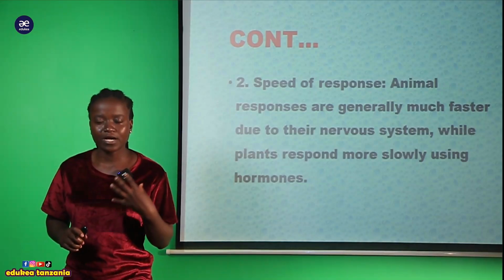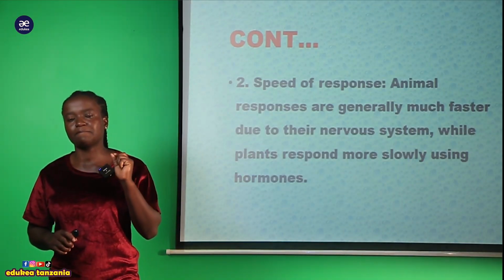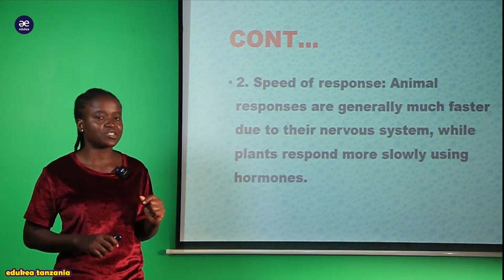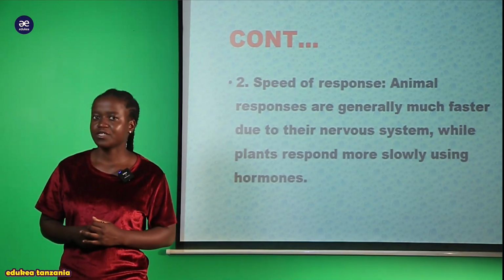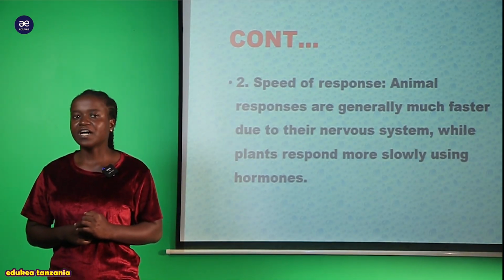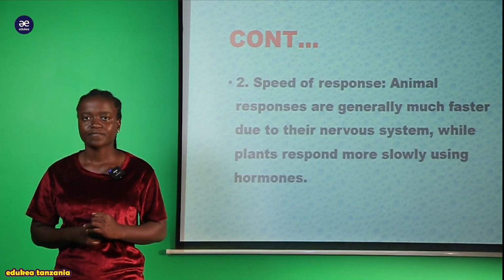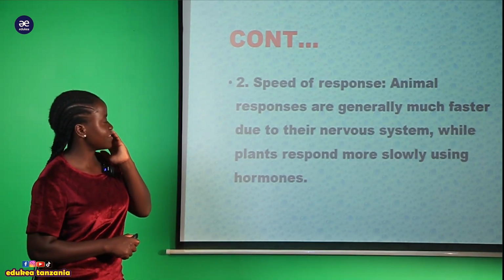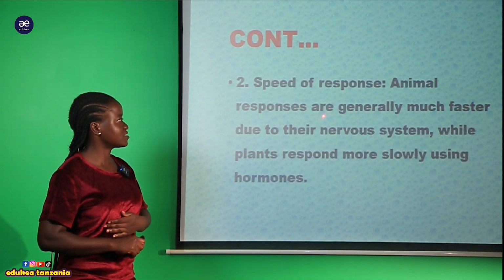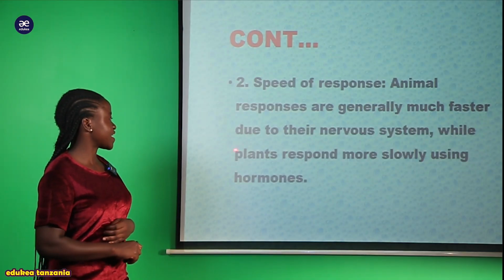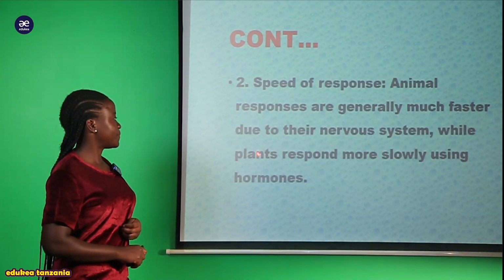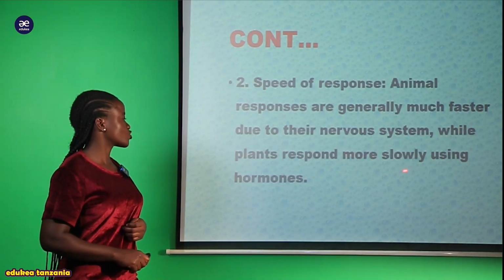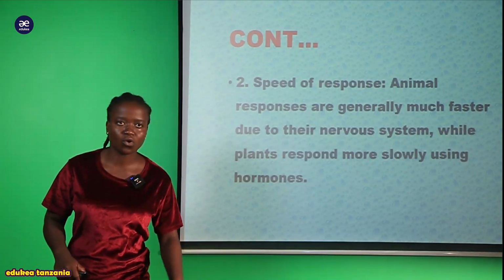But the second difference between plant coordination and animal coordination is the speed of response. Animal responses are generally much faster due to their nervous system, while plant responses are slower and use hormones.